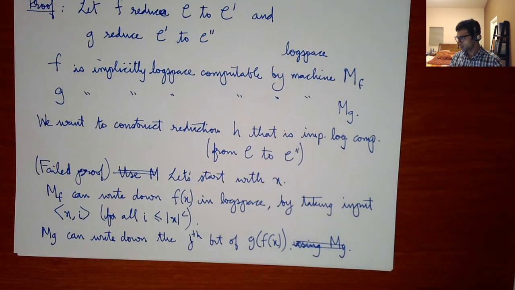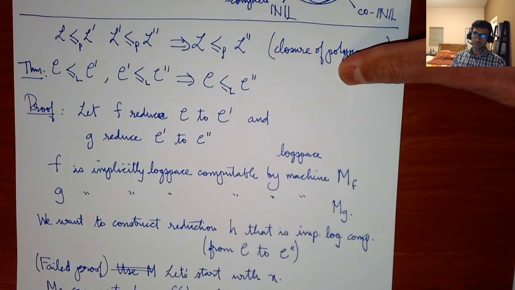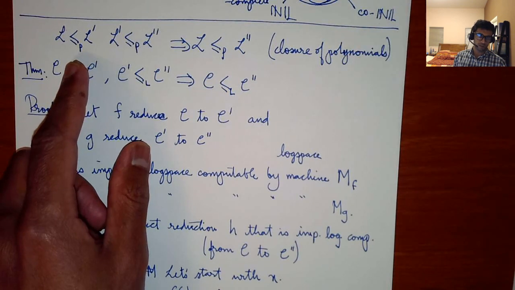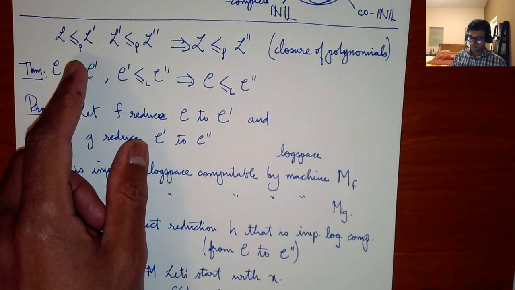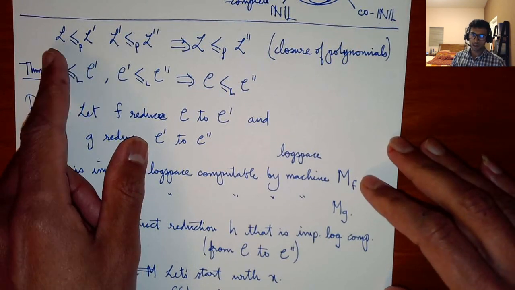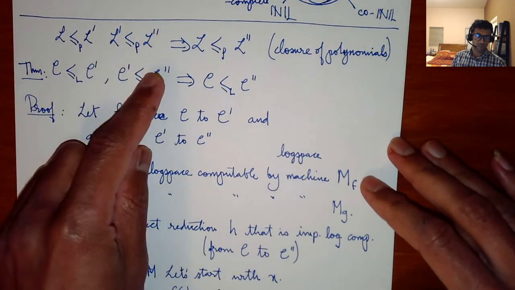Let me just repeat the idea over here, because then I want you to tell me what the error is, why this proof doesn't work. I'm just trying to recreate the proof that polynomial reductions can be chained together. Let's say I have a reduction from L to L prime and from L prime to L double prime.